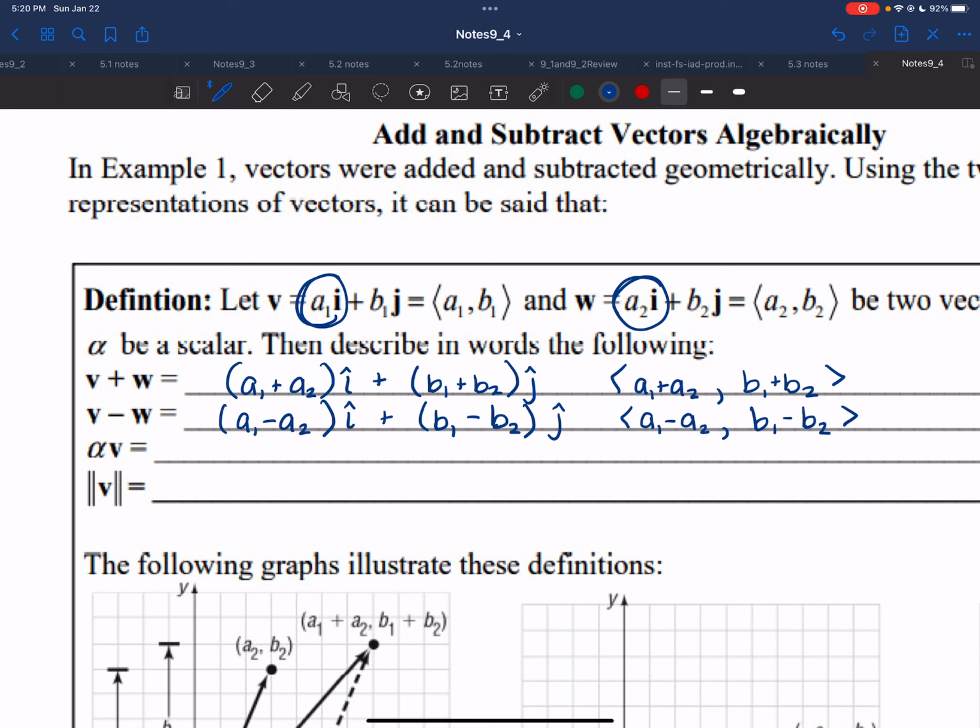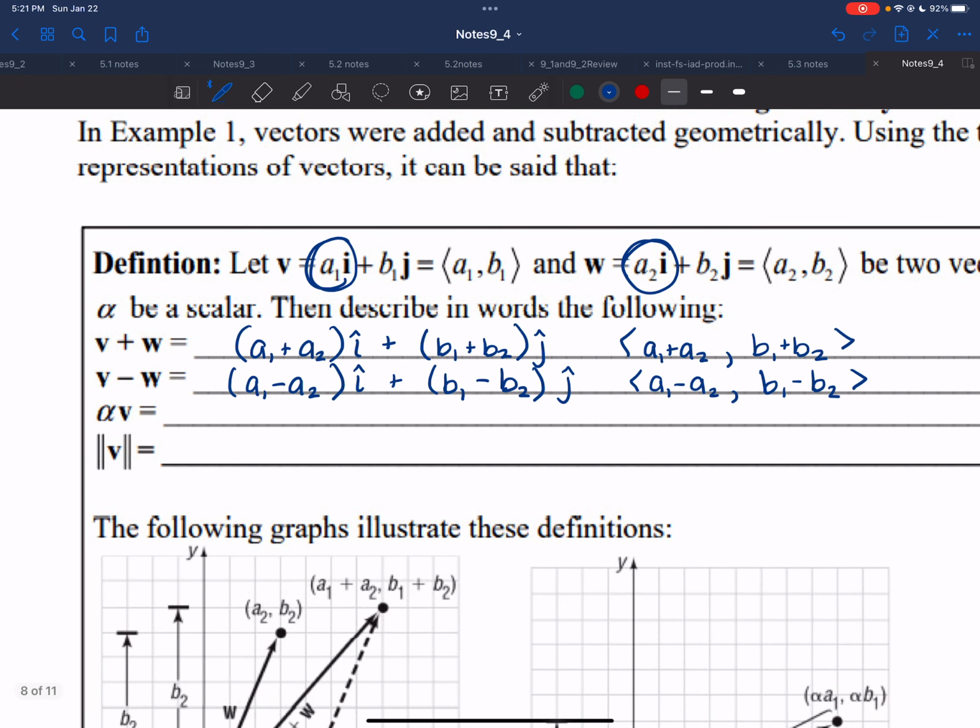Now let's look at multiplying by a scalar, that alpha scalar, and coming up with our terms there. So here I would have alpha times v, and that would be alpha times a1, and that's going to be i hat.